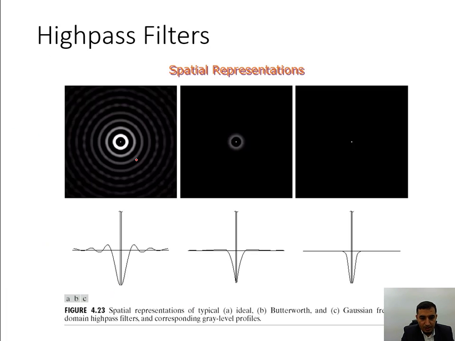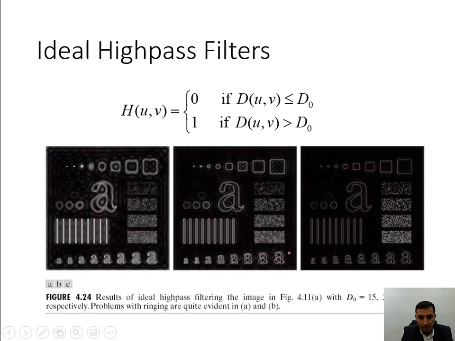Now you can see the high pass filters as they operate in the spatial domain representation, and this is the frequency domain representation. Applying an ideal high pass filter to an image, as you can see, changes the values of the image. The high pass filter, remember, always makes the image darker, because we remove the low frequency values.